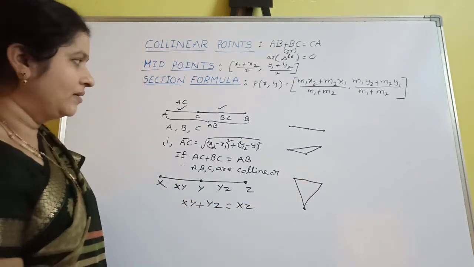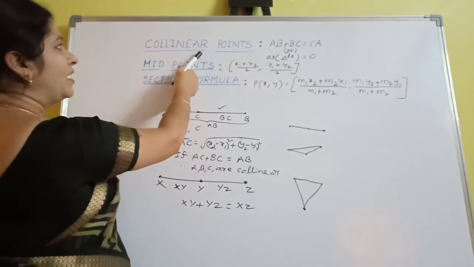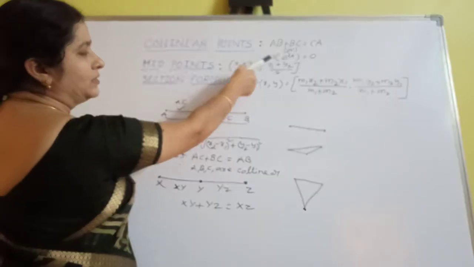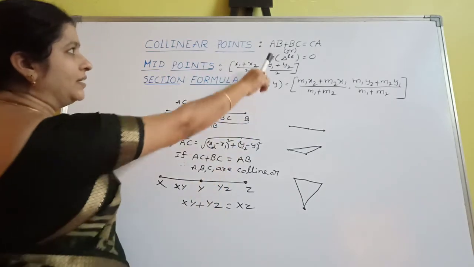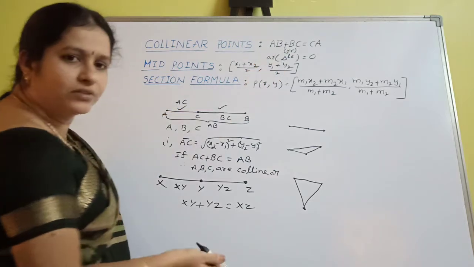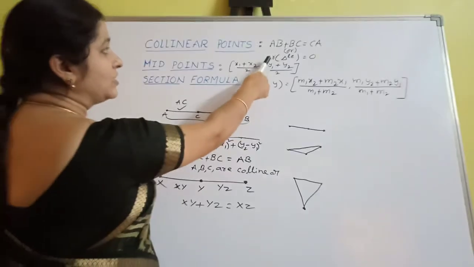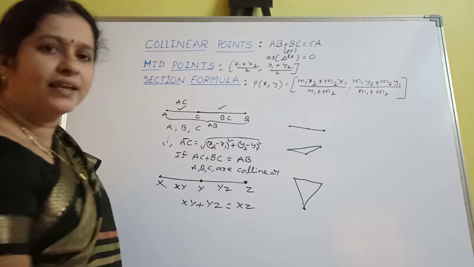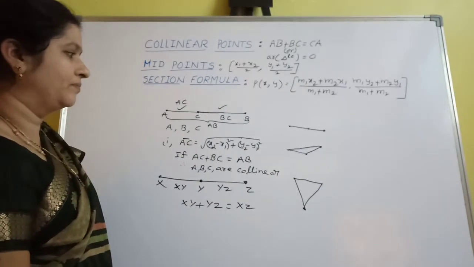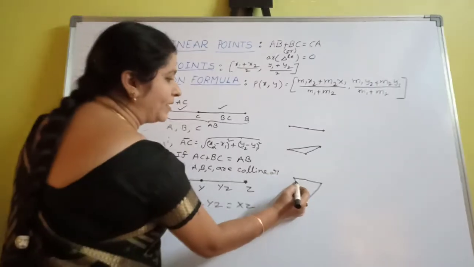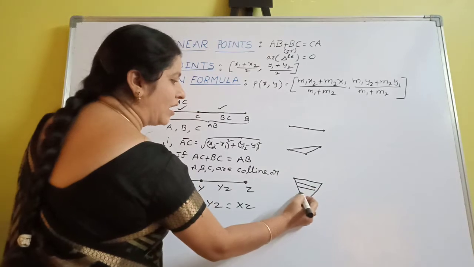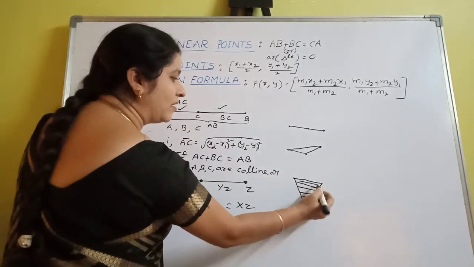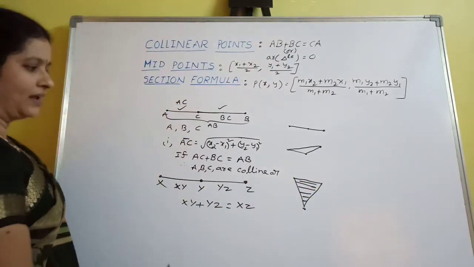So what is the condition for collinear points? First condition is AB plus BC equal to CA. Second condition is area of the triangle must be equal to 0. The occupied place of the triangle is called area of the triangle.